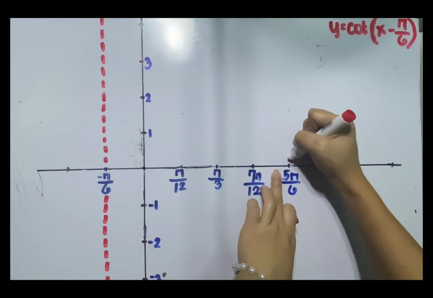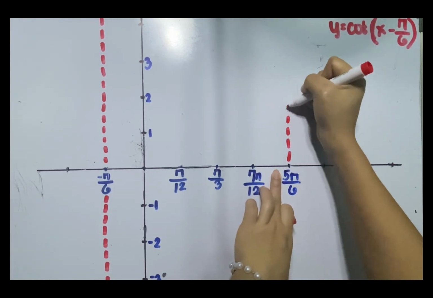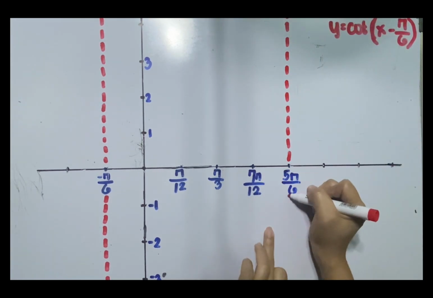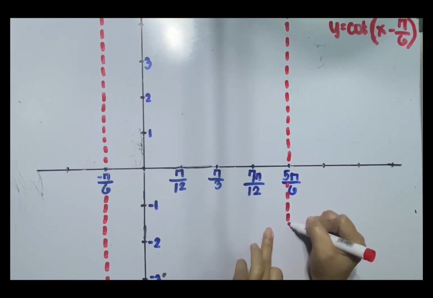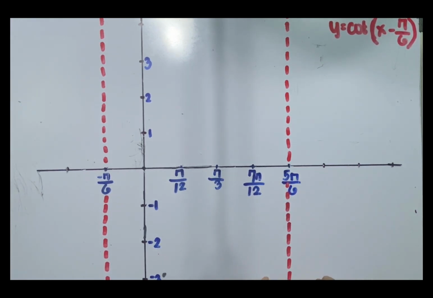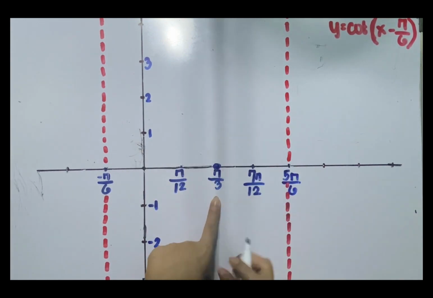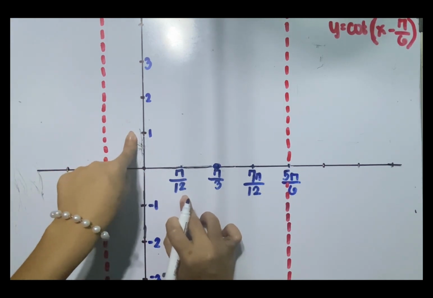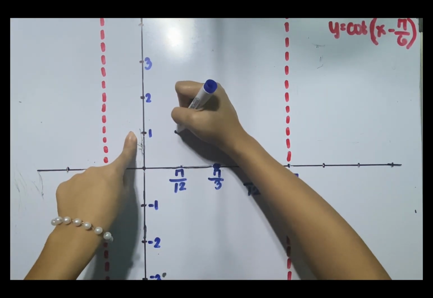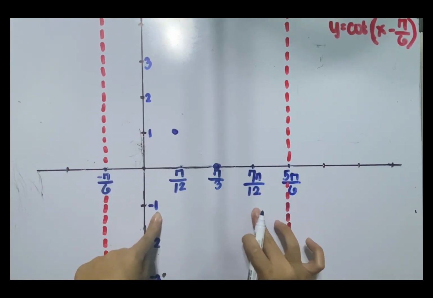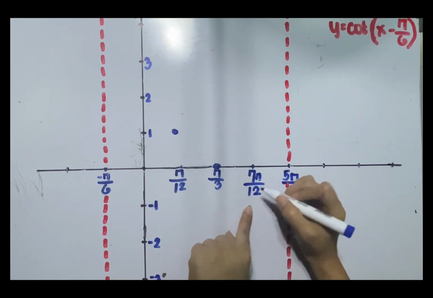For our next asymptote, we have pi over 6. We have to mark it as well with our broken lines. And now we are done marking our asymptotes. We have to plot the rest, which is 0 at pi over 3, then positive 1 at pi over 12, and 7 pi over 12 is equal to negative 1.